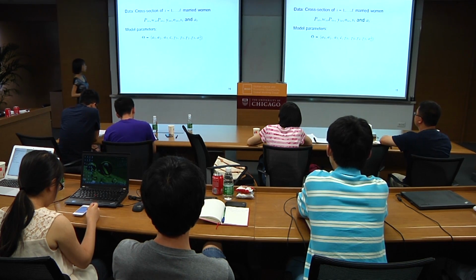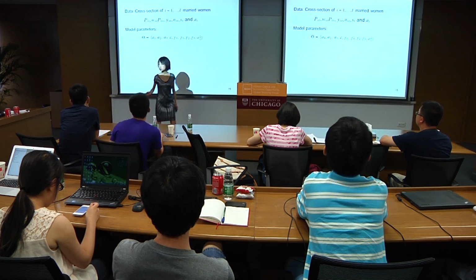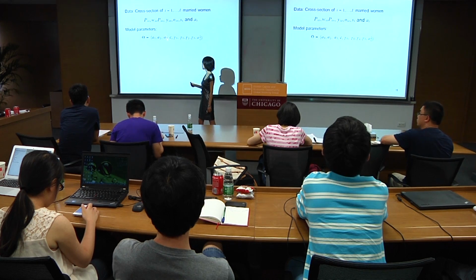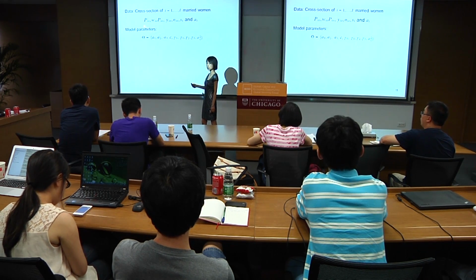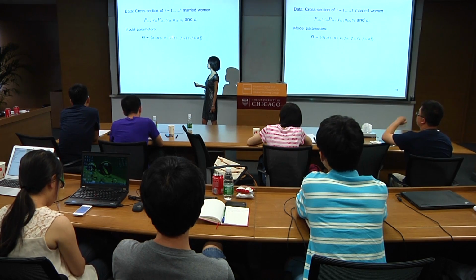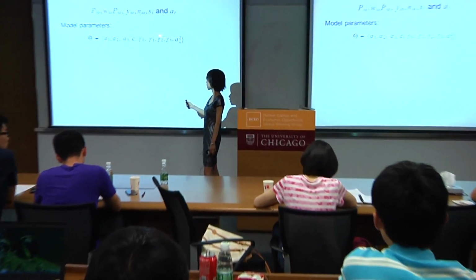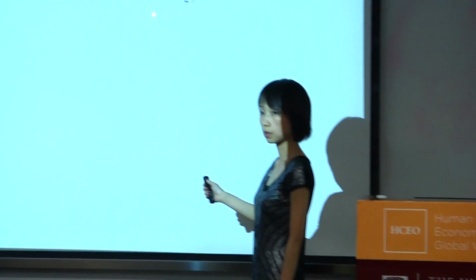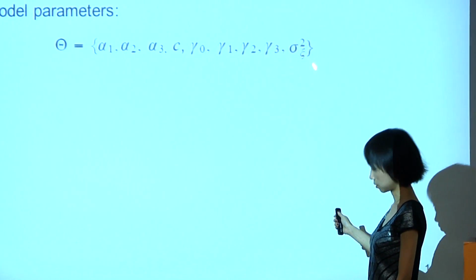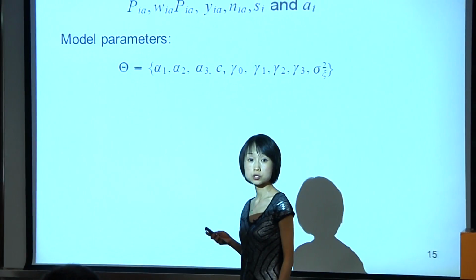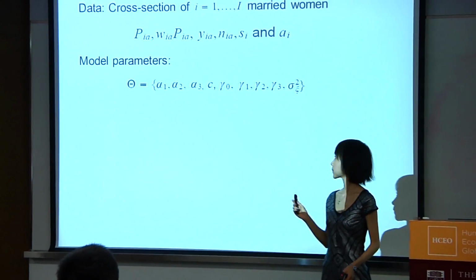The model parameters are these alphas, which govern your utility, c, the cost of childcare, the gammas, which are the wage function, and the psi, the wage shock dispersion.